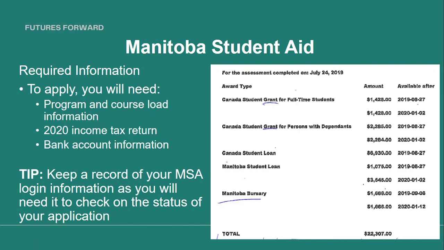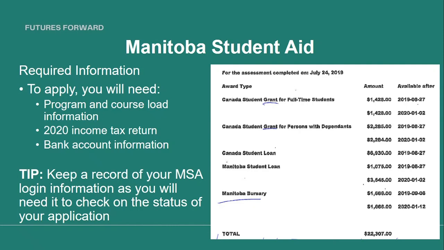Some of the required information you'll need when you're applying to Manitoba Student Aid: program and course load information, your previous year's income tax return, and bank account information so that they'd be able to transfer the loan into your bank account.